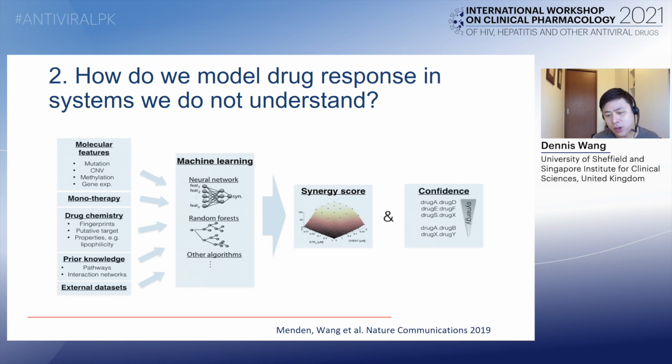And then we're basically just feeding it into a machine learning algorithm, and the algorithm finds the relationships between these features and tries to predict an outcome. And the outcome here, because we're looking at different combinations of drugs, we're trying to predict the synergy of the drug.